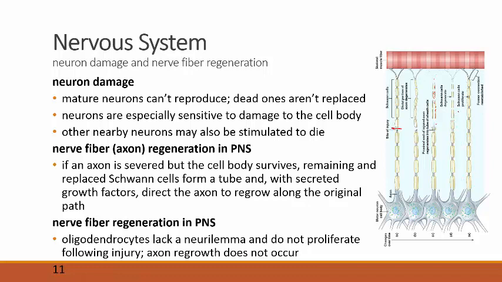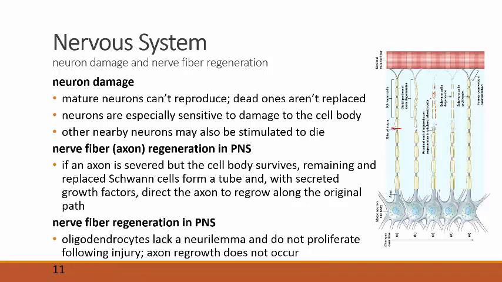And so these Schwann cells can help to redirect the axon growth along the original path. And if that occurs, then it's possible to restore nerve function in the area where the axons were damaged.